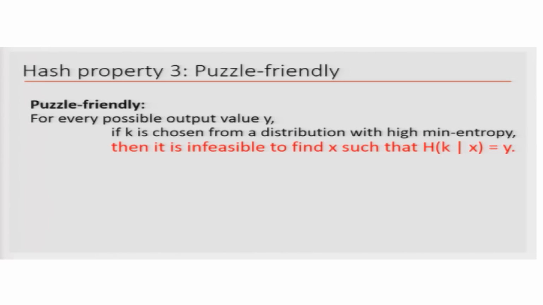So, if I know part of the input k and concatenate it with some x and compute the hash and I get y, then given y and given k, finding x should be infeasible, and we will see how this is used very effectively in cryptocurrency mining.